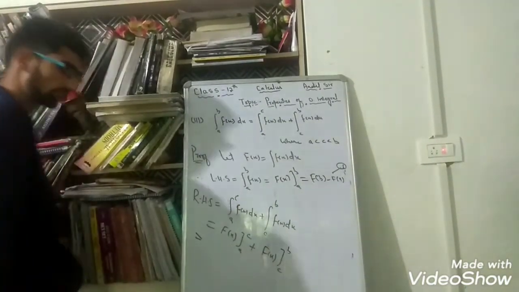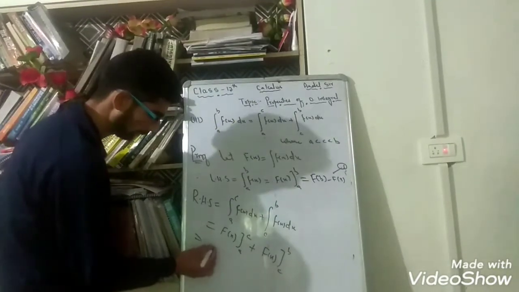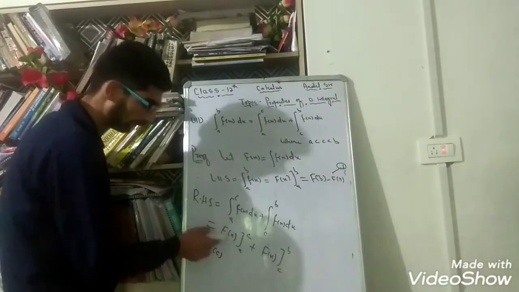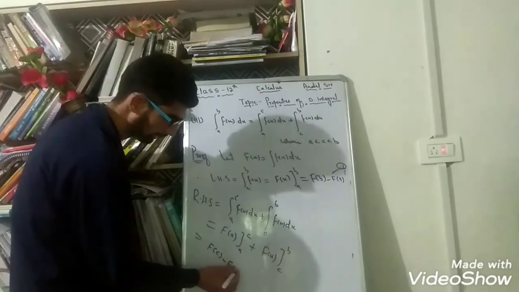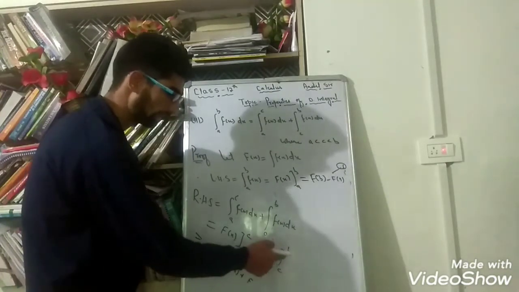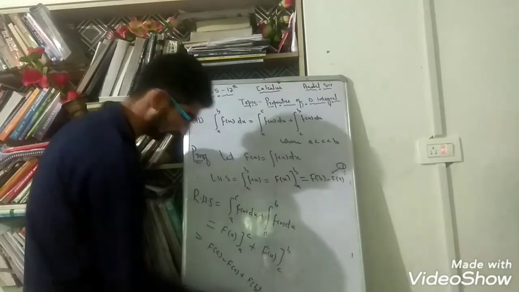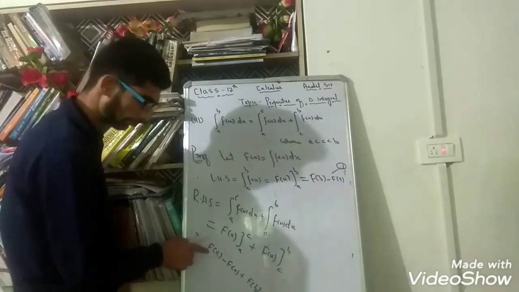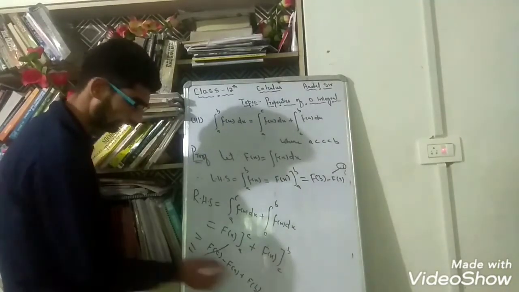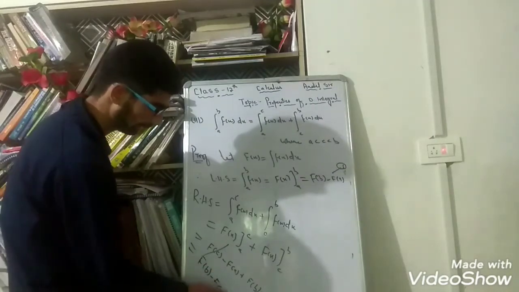By the fundamental theorem, that is F of c minus F of a, plus F of b minus F of c. Here F of c and minus F of c get cancelled, and I am getting F of b minus F of a.